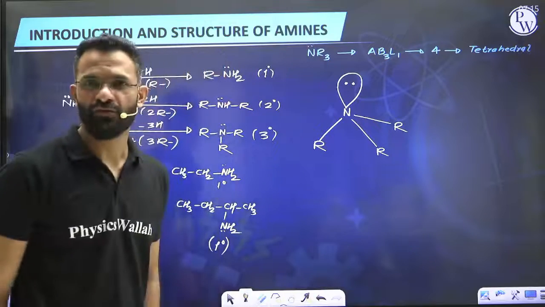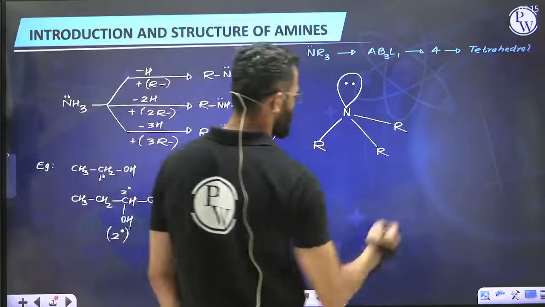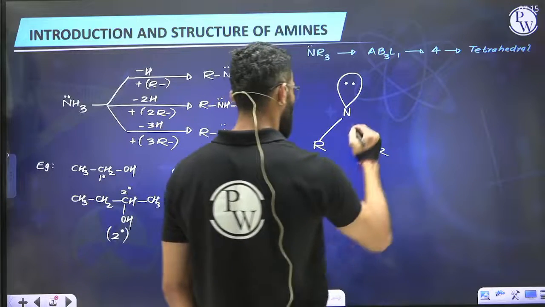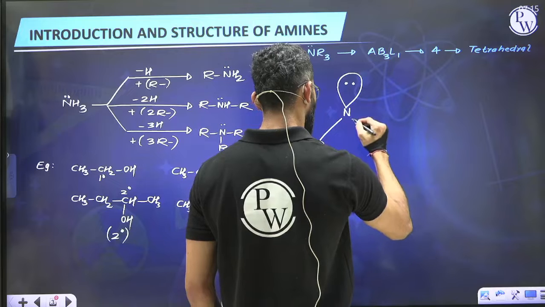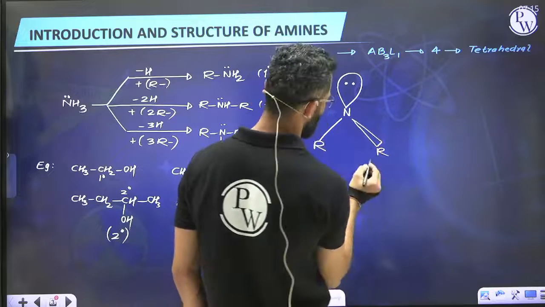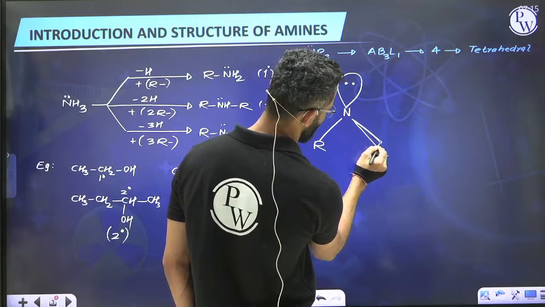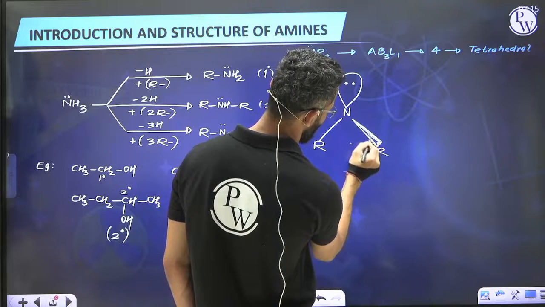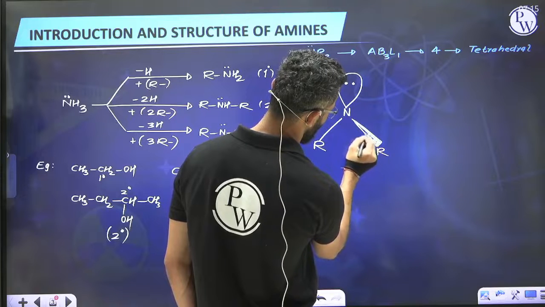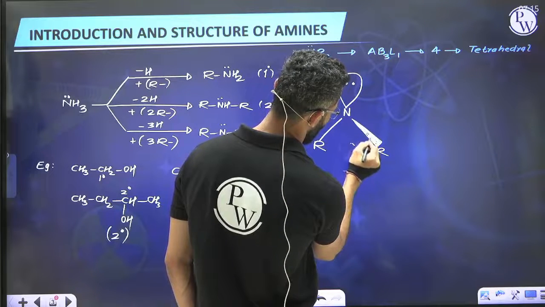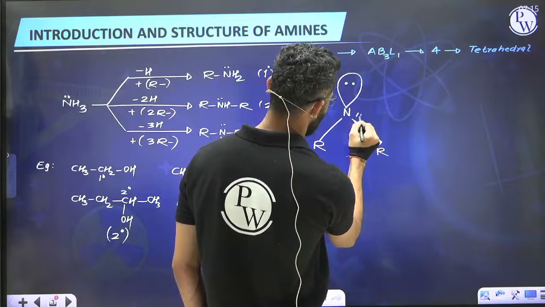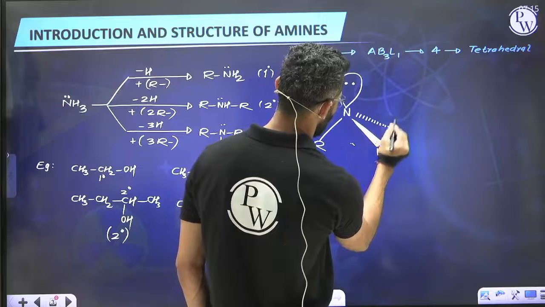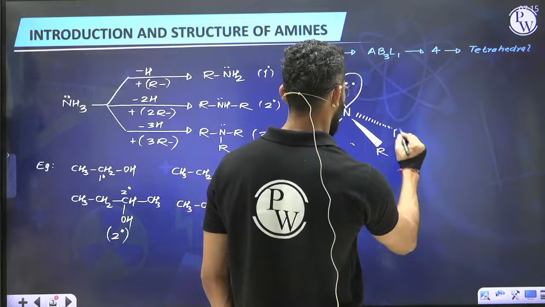Precisely, if we have to represent the structure in 3 dimensions, we can also represent it this way. Let's say I'm removing this bond pair. One of the bonds I'm representing with a solid line. There has to be 1 bond going behind the plane of paper, which we represent with a dashed line, or you can say hatch bond.